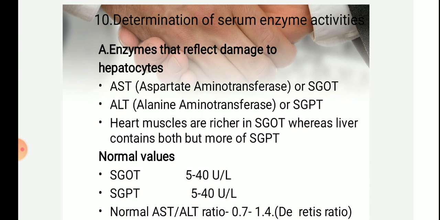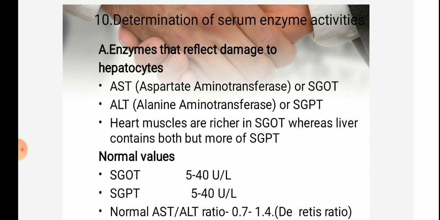So determination of serum enzyme activity. These are very important ones: AST level or SGOT, ALT alanine aminotransferase or SGPT. Heart muscles are richer in SGOT, whereas liver contains both but more of SGPT. So you should be aware of this.